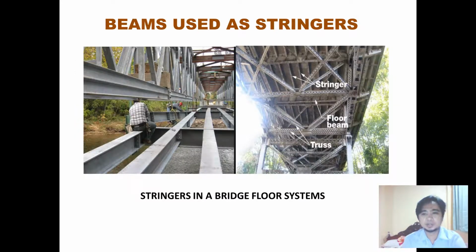So beams are also used as stringers. Stringers in a bridge would carry the floor system of the bridge itself and then transmit to the floor beam, and then the floor beam is attached to the joint of the trusses.